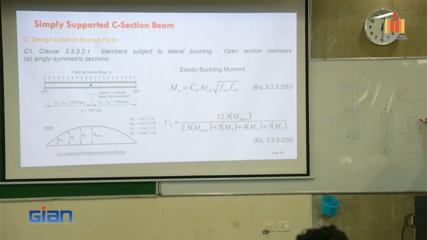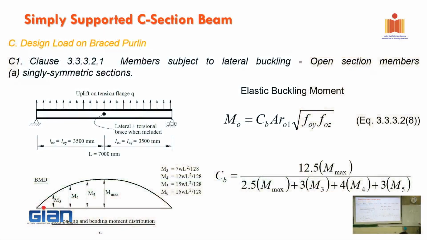So FOY here is buckle sideways, because we call it weak axis, right? The Y-axis here is buckling in the weak axis. And in here, you got FOZ because it's buckling about that theta. Buckle sideways and twist. Okay? So that is the equation in here. What we are concerned with in here is elastic buckling of that one.